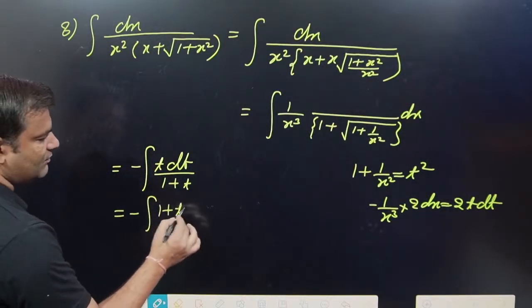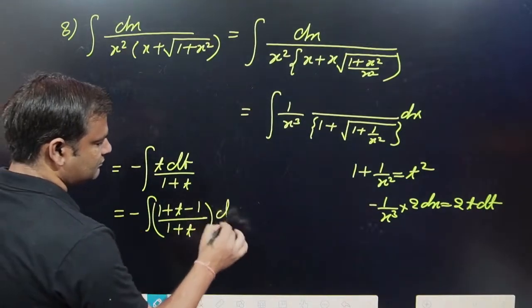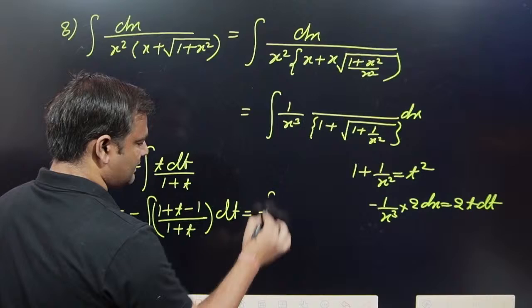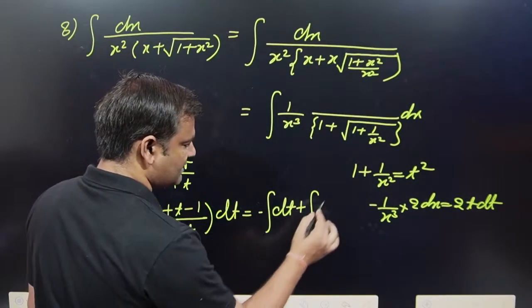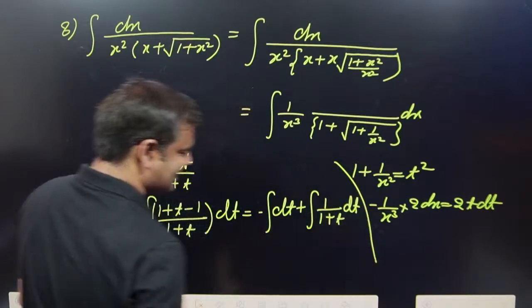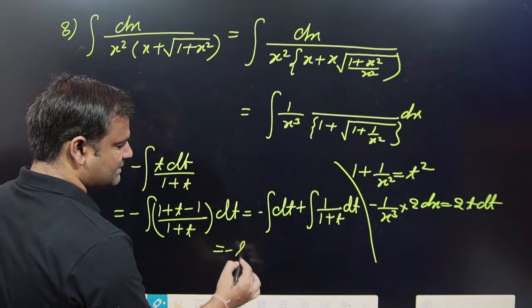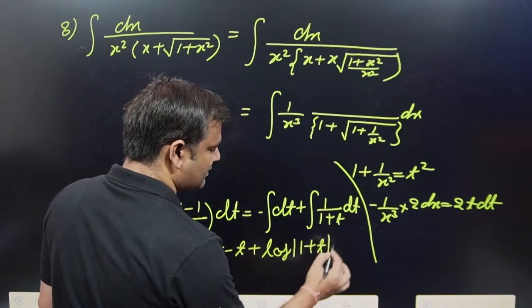one adding and one subtracting, then this is dt, so minus minus, and that one simply minus t, and that one log of 1 plus t, plus c.